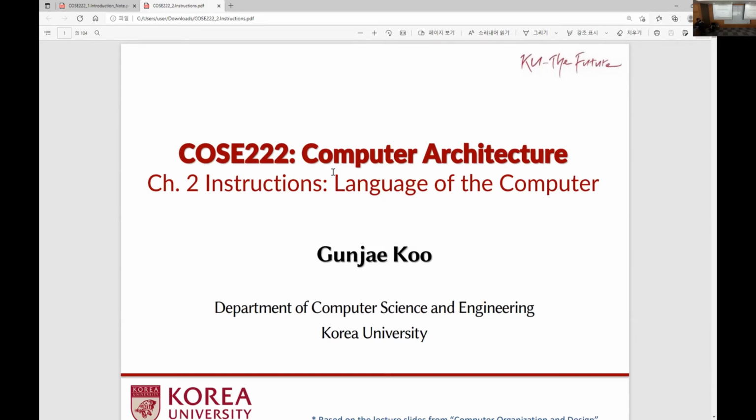In chapter 2, we will learn about instructions of computer systems, and these instructions mean assembly language, not high-level languages like C or Python. As I mentioned in chapter 1, high-level languages are compiled into assembly language first, and then these assembly instructions are one-to-one mapped to the machine languages, that means machine instructions.